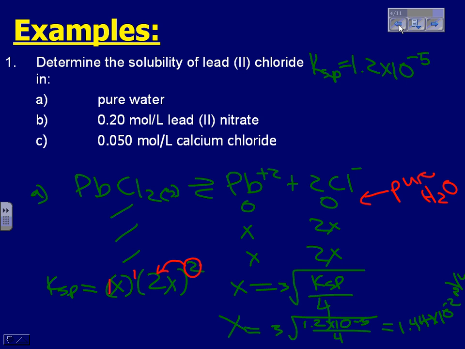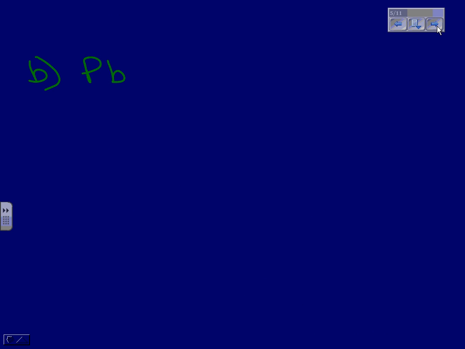We're doing lead chloride. PbCl2, solid, Pb plus 2. I know it's lead nitrate, but that's my whole point. That's very important to know. Lead nitrate is soluble. All nitrates are soluble. We're still worried about the solubility of the lead chloride in the presence of this lead nitrate.